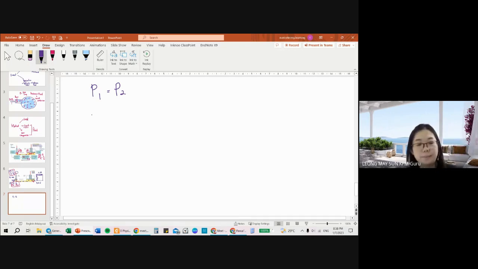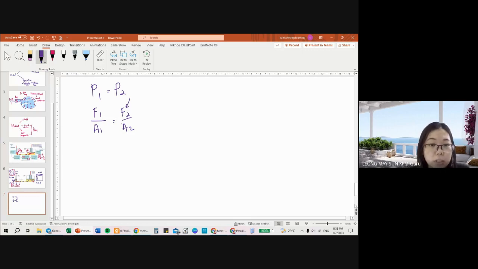So over here we have force over area: F1 over A1 equals F2 over A2. Now, usually what we want to know is force 2, right? What's the amount of load that we can actually lift up?